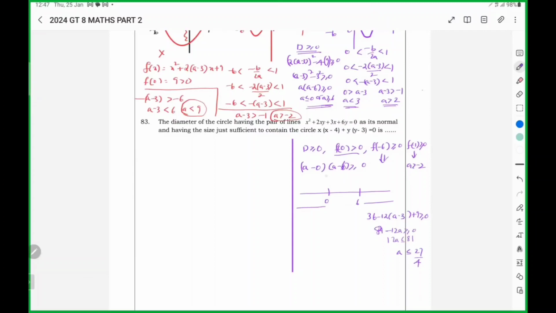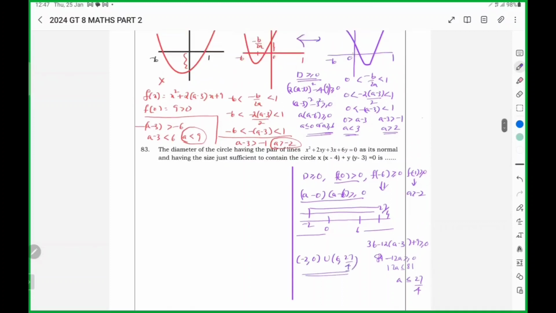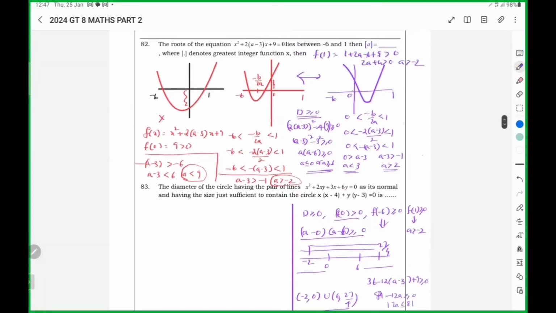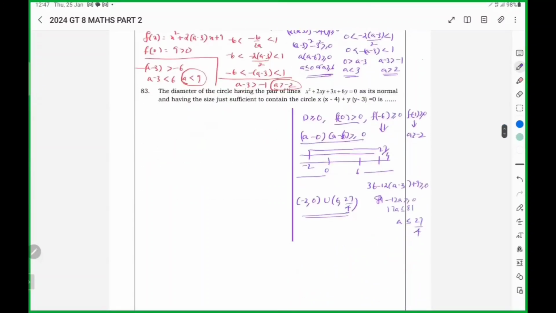So f of minus 6 positive means a less than 27 by 4, and a greater than minus 2. So in common condition, we have this solution. But here minus b by 2a lies between different ranges in different cases. Let us discuss each one separately.